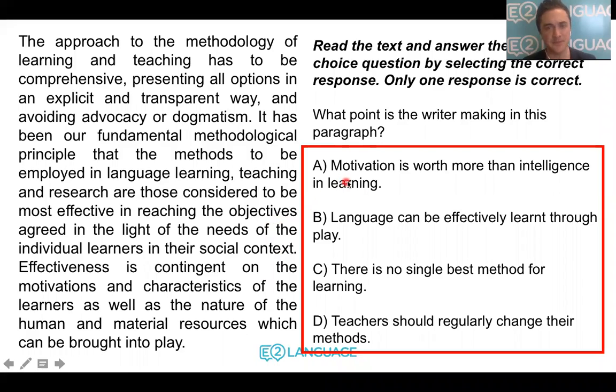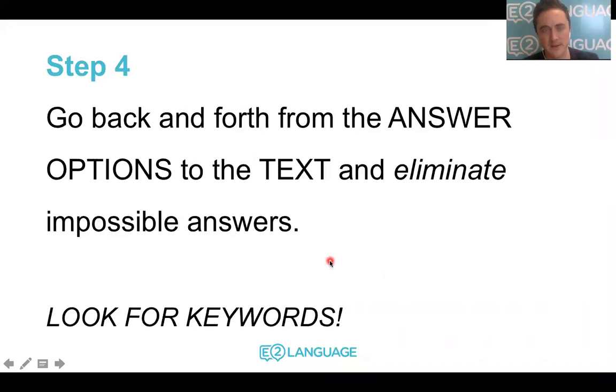Okay. Let me read them. Motivation is worth more than intelligence in learning. Language can be effectively learnt through play. There is no single best method for learning. Teachers should regularly change their methods.